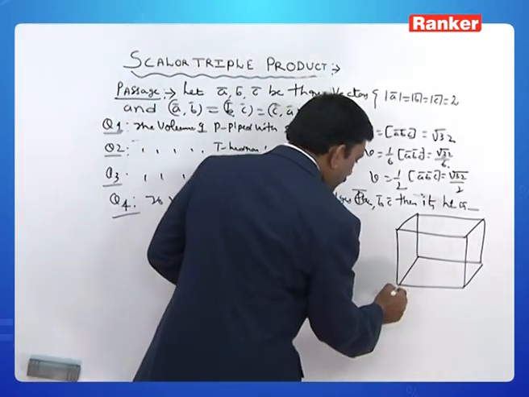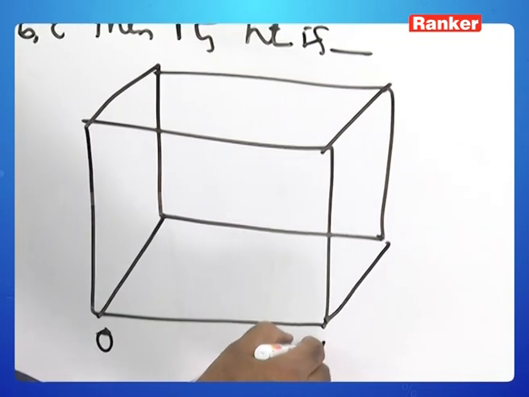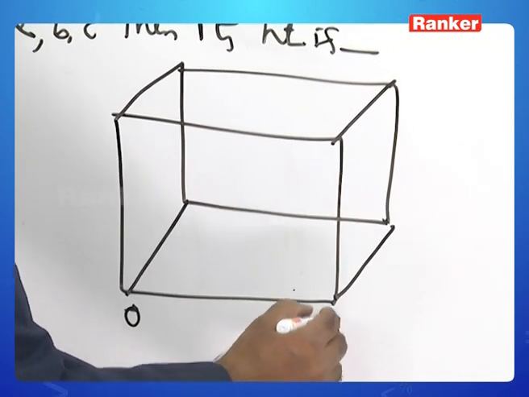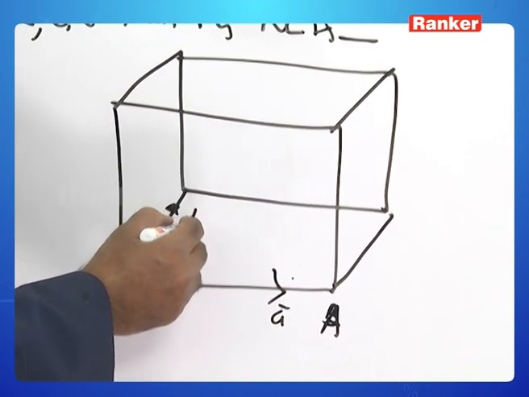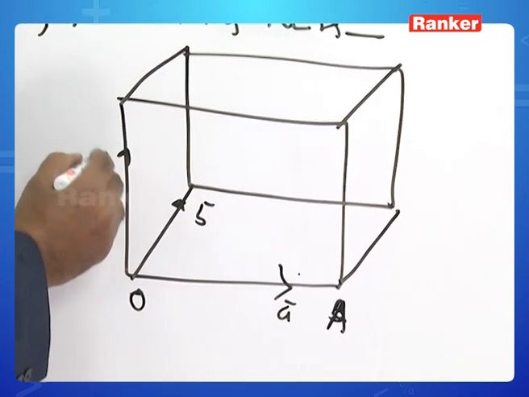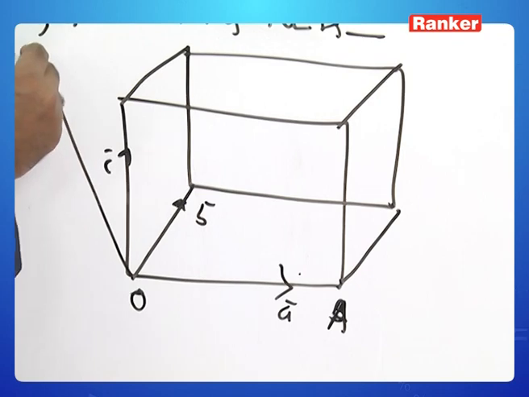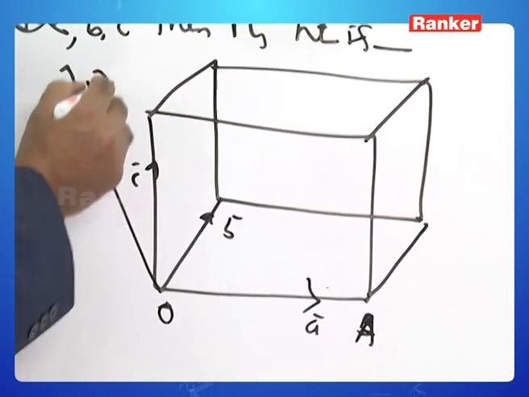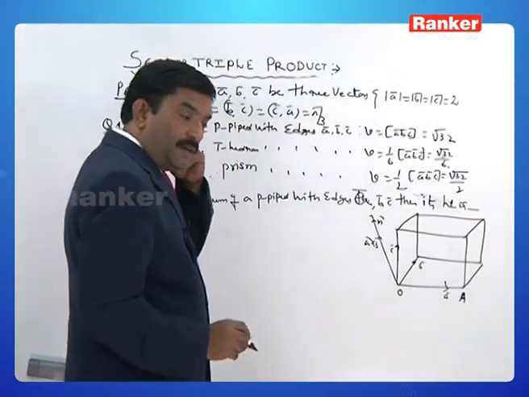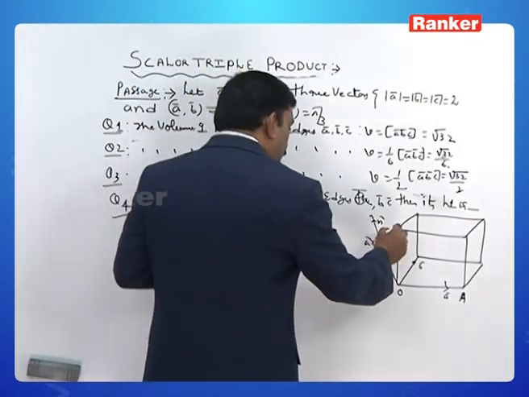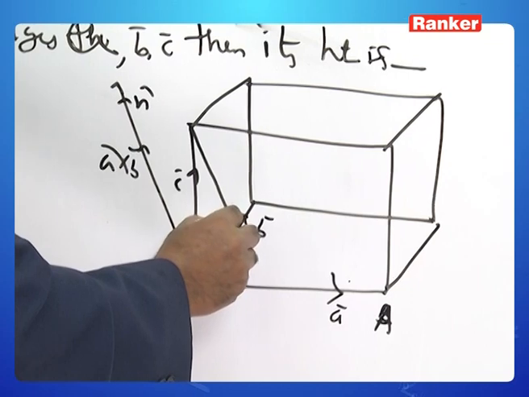This is nothing but N cap, which is A bar cross B bar. I want to find out what? Come on, this is the height.